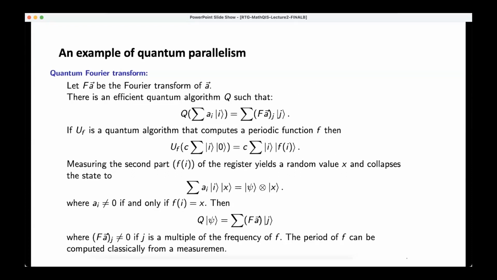Consider an example, and an example that is typically given in this setting is the quantum Fourier transform.